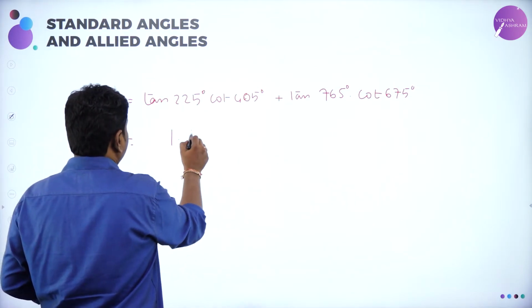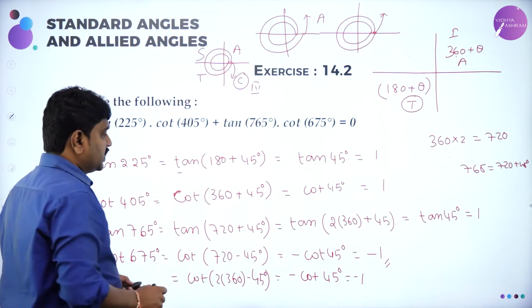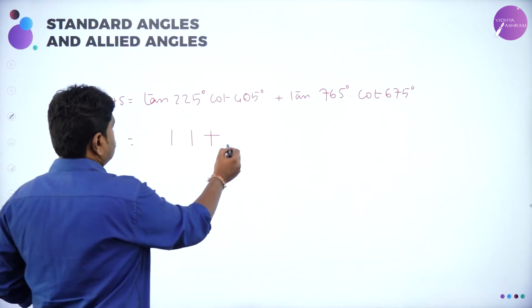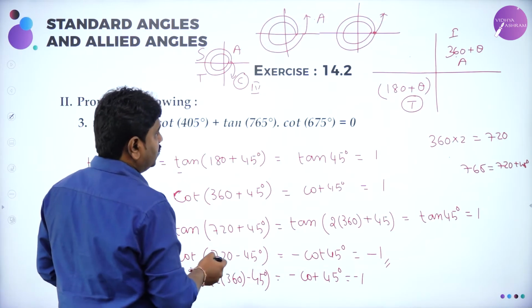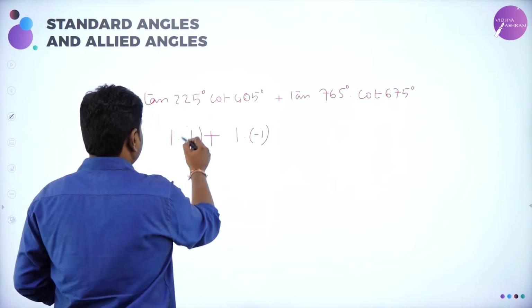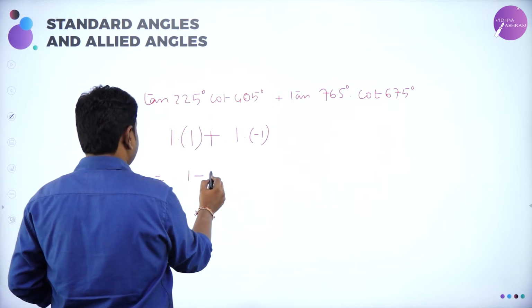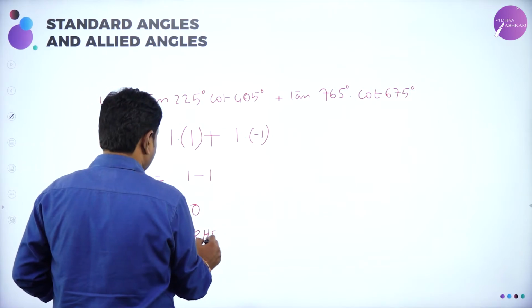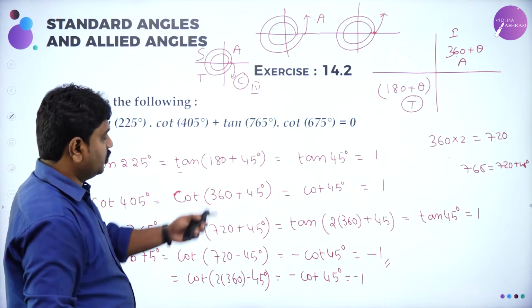So 1 into 1 plus tan 765. Tan 765 is also 1. That is also 1 into cot 675, which is minus 1, into minus 1. So 1 into 1 plus 1 into minus 1. 1 minus 1. What is 1 minus 1? 0. This is your RHS. We wanted to prove 0. We got it.